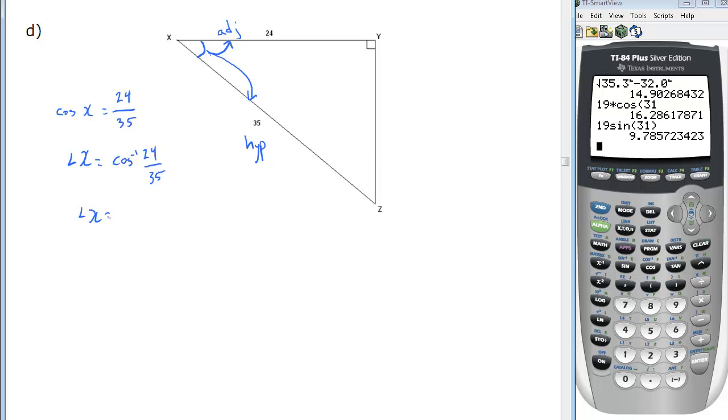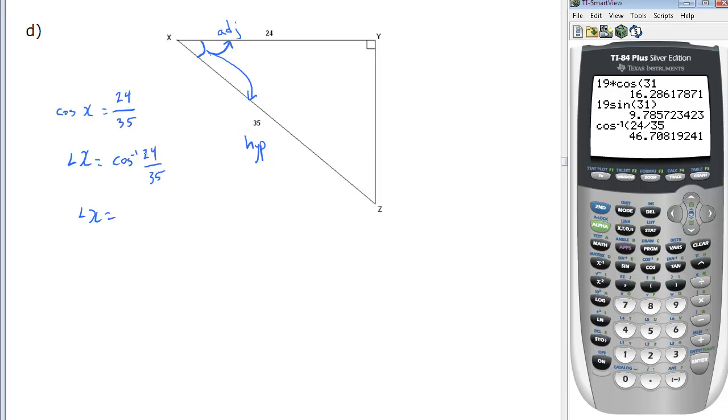And we move to our calculator. Shift cosine of 24 over 35 is 46.7 degrees. We have two significant digits, so we'll say 47 degrees. To find the side that's missing, we can use Pythagorean theorem.